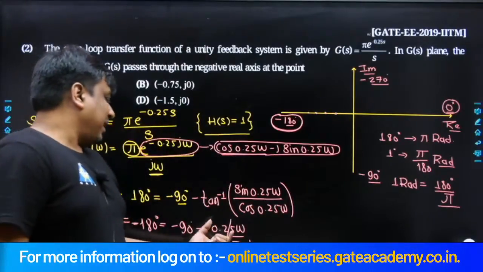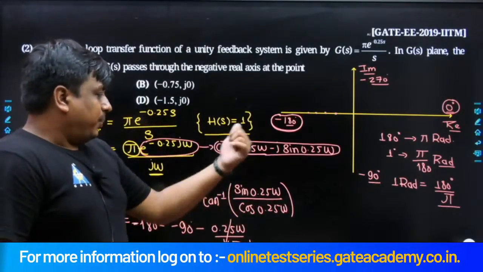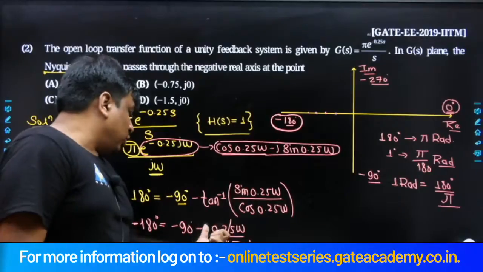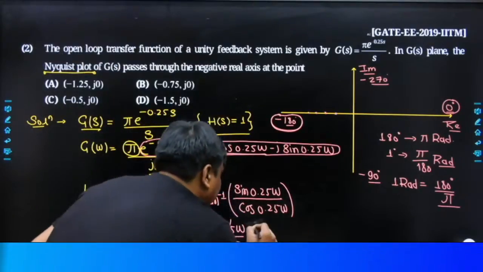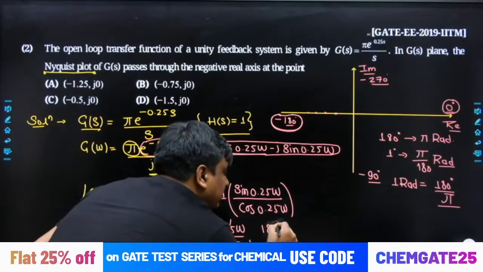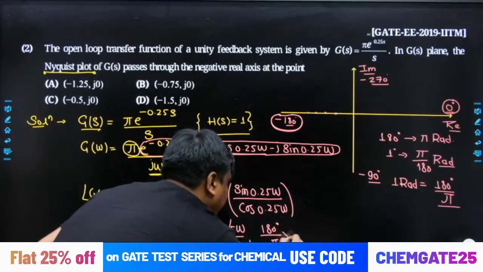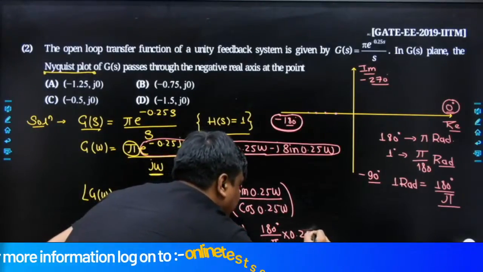So now here, rather than having pi radian, we had 0.25 omega radian. So what we could have done here is simply replace this with 180 degree divided by pi, multiplied with 0.25 omega.